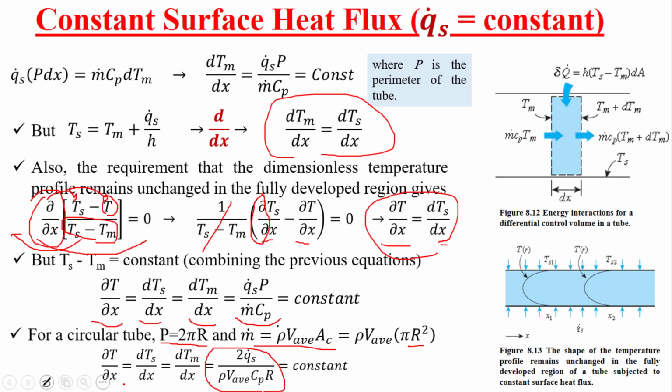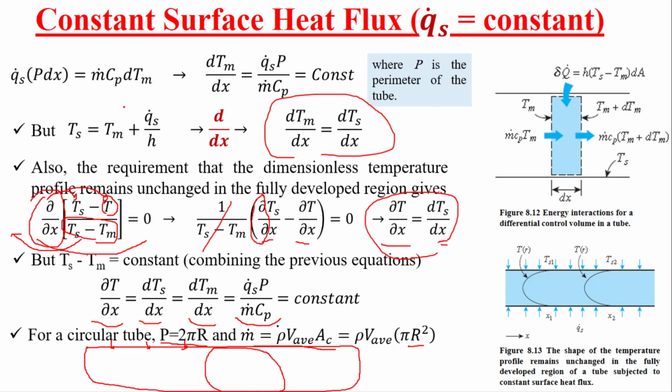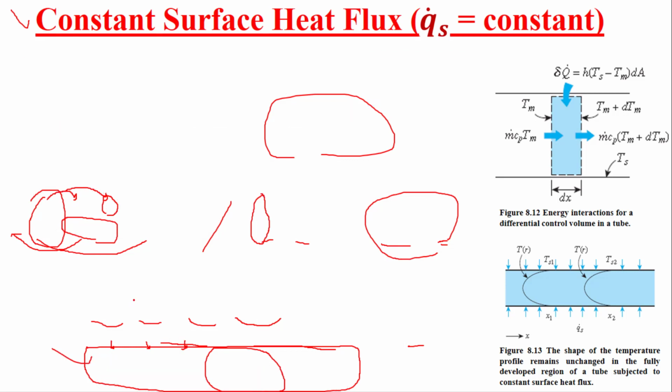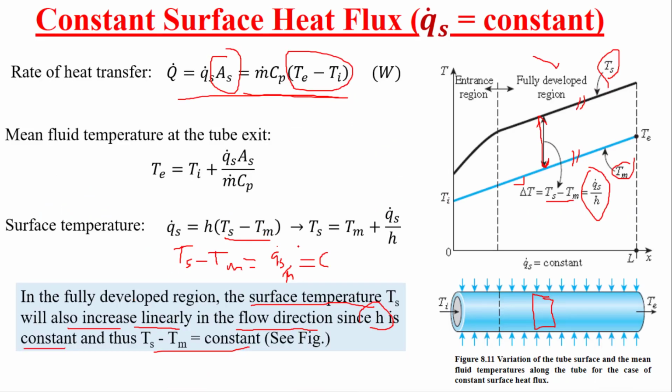Okay, so if I ask you to find the temperature variation with respect to x in terms of the temperature of the flow, the temperature of the surface, or the mean temperature of the flow, from the constant surface temperature, I need this final result, and I need those results along with this profile.